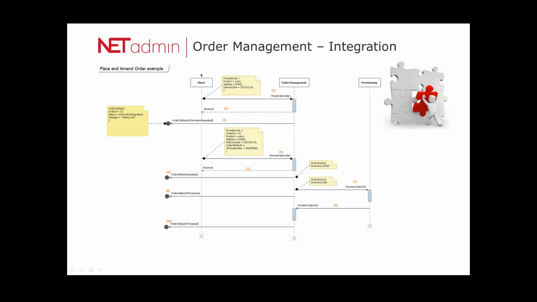So this is the general flow of how you would do an integration using NetAdmin Order Management. Of course, before this, you will typically perform an availability check, which is not included on this schema.